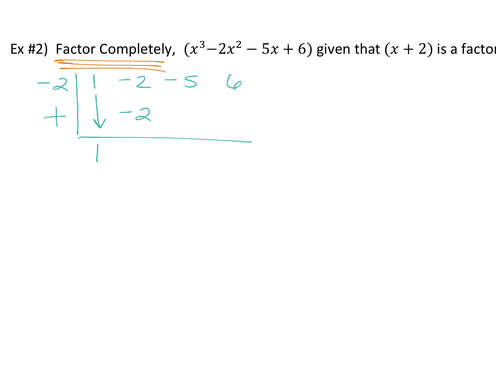Add those together. -2 plus -2 is a -4. Multiply those, you get a positive 8. Add those together, you get a positive 3. -2 times 3 is a -6. Add those together, you get 0. So we end up with the polynomial x squared minus 4x plus 3.